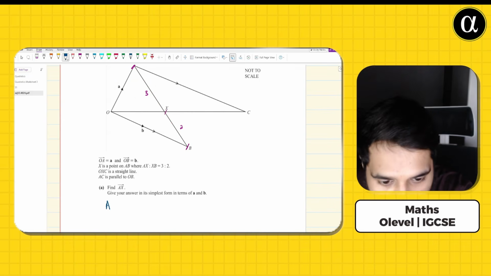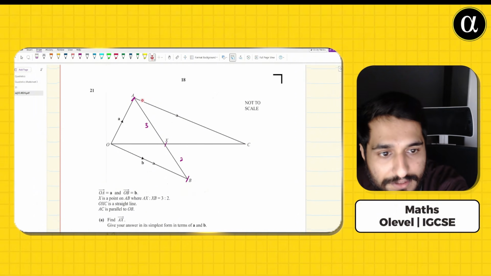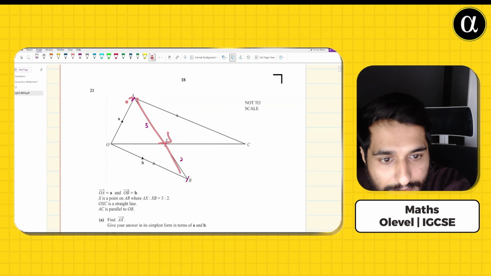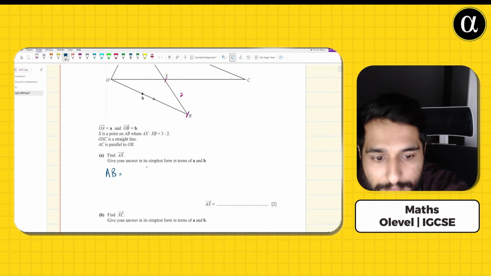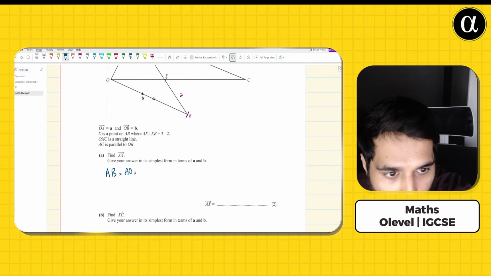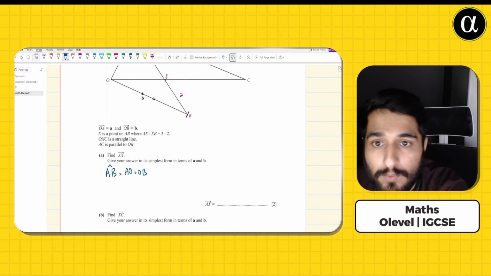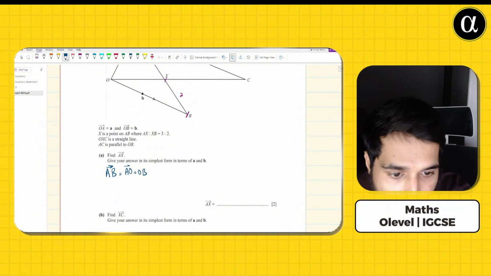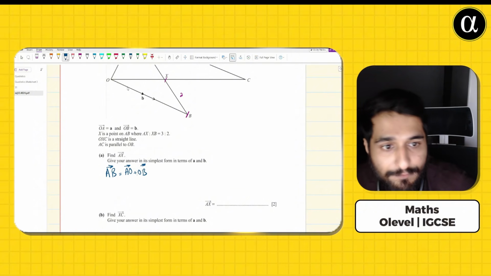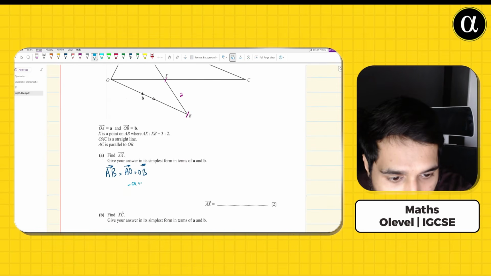If we have a look at AB in this direction, this AB can be calculated by going AO and then OB, right? So AB is going to be equal to AO plus OB. AO is negative of a plus b, so we can say this is minus a plus b.